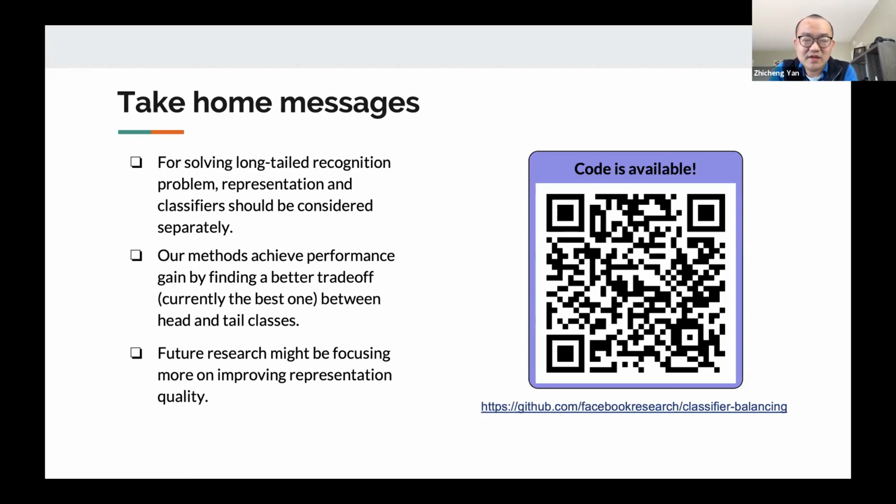So we suggest future research could focus more on how we can improve the representation quality, which involves a lot more training and computing resources, and which hopefully can improve the representation and consequently the overall performance for long-tailed classification.